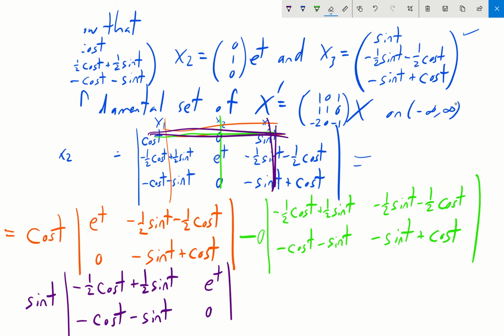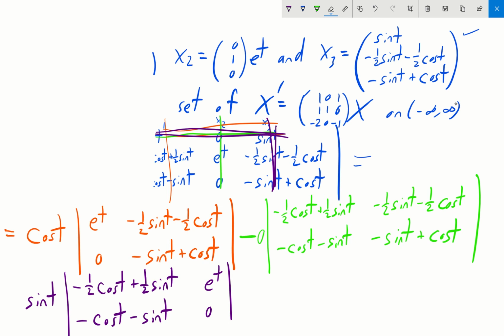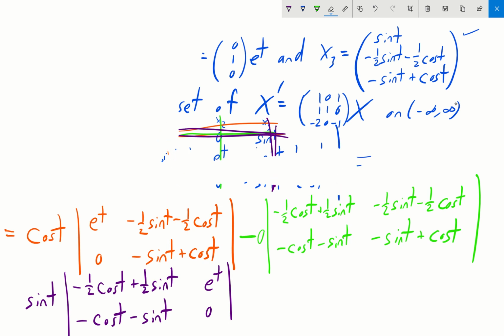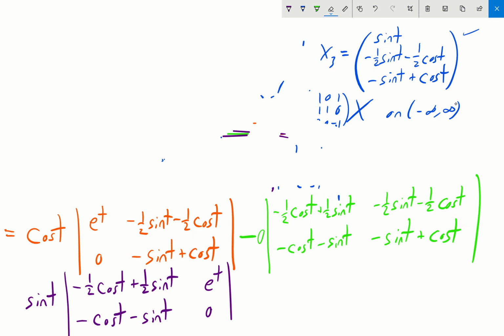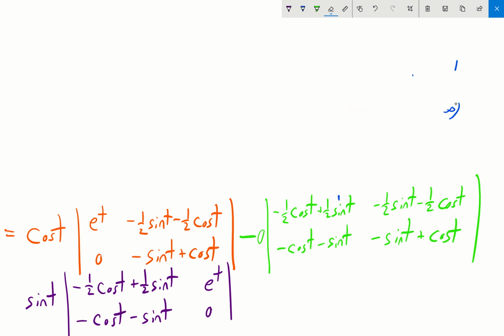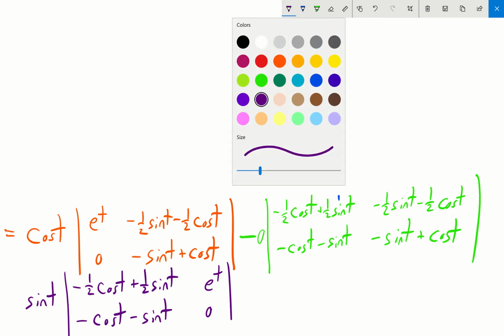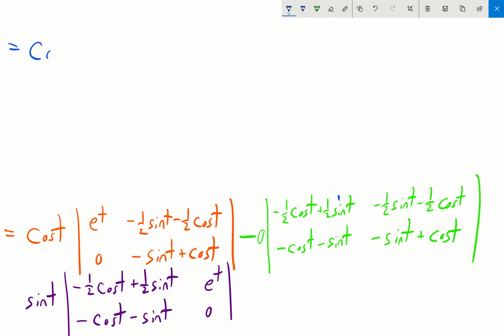Let's continue to plug through. Let's see if we can calculate this function. So this is going to be equal to, we have the cosine of t times, now with this part, the 2 by 2 matrix, you're going to have e to the t, which is the major diagonal, times negative sine t plus cosine t minus, thankfully this whole diagonal is going to be 0 because of this entry.